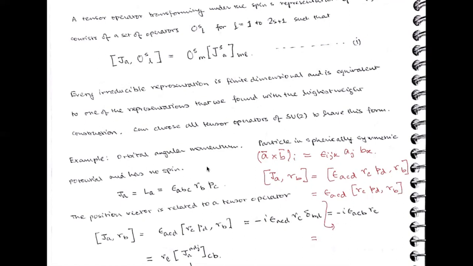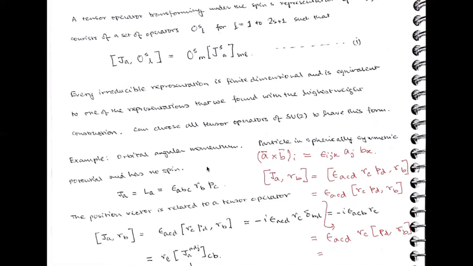So you put epsilon_acd outside, you put r_c outside, and you have p_d with r_b. Remember, this is position with momentum, so x with p is i, though there's a sign as well.